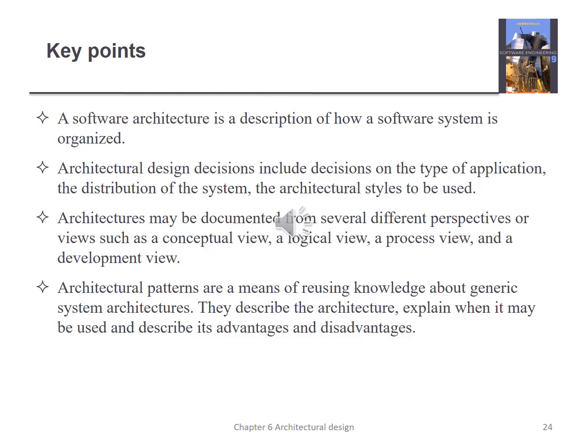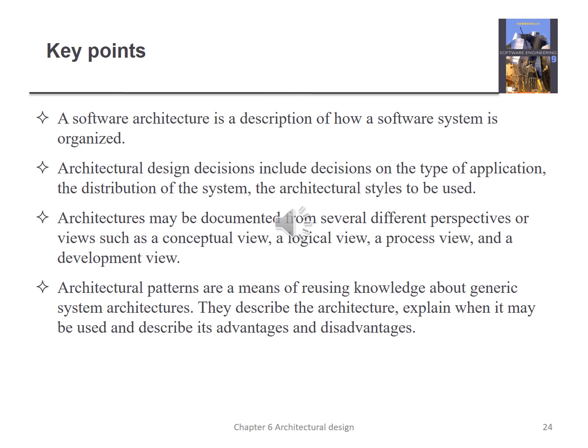We reached the end of that chapter, which is the architecture design. The key points are the following. A software architecture is a description of how a software system is organized. Architectural design decisions include decisions on the type of application, the distribution of the system, and the architectural styles to be used.